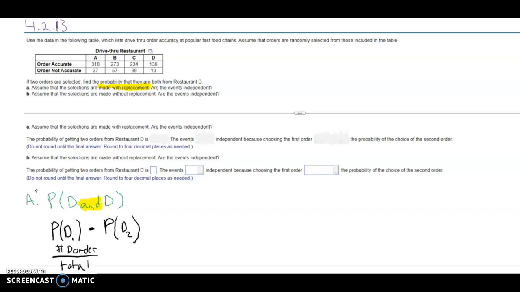So number of orders at restaurant D, I'm going to write at the top here, would be 136 plus 19. So that would be 155.